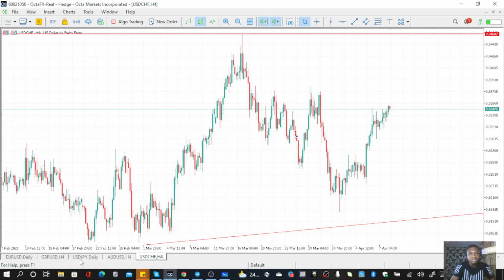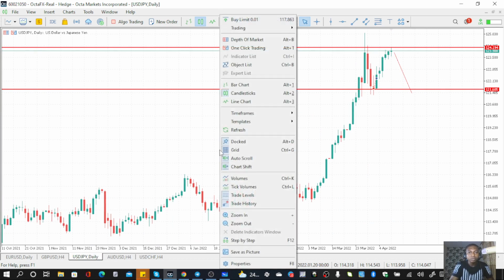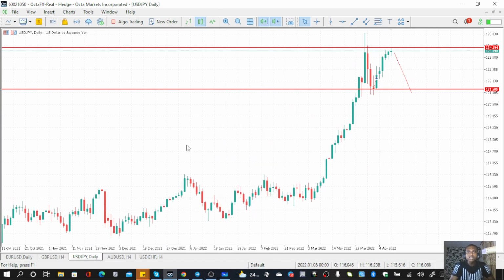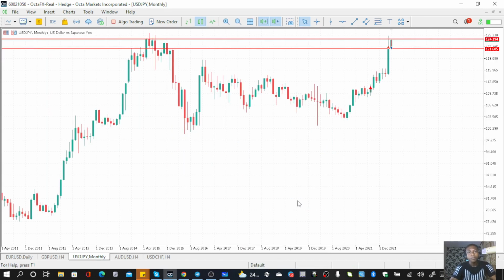Yeah, so lastly, let's check out the USDJPY. So USDJPY is currently in a resistance level, right? A resistance level which is quite significant to watch out. Let's see from the monthly time frame.